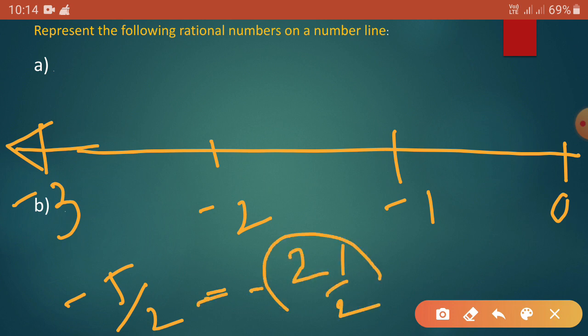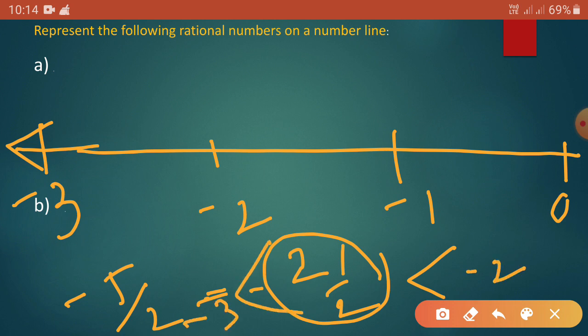So we can assume that it will start from minus 2. As it is less than minus 2 and greater than minus 3, we can put the value in between minus 2 and minus 3.